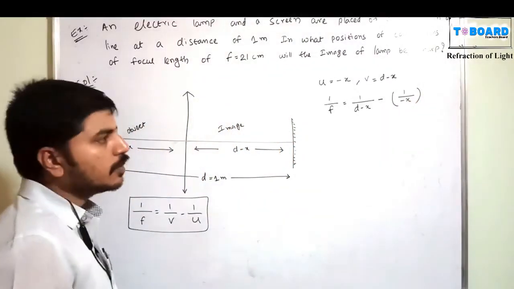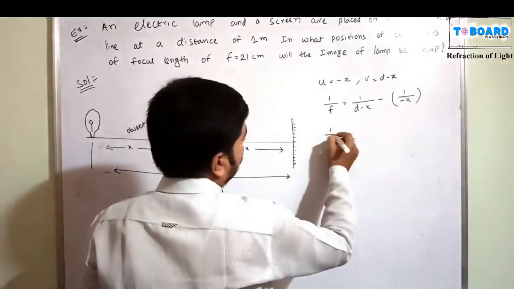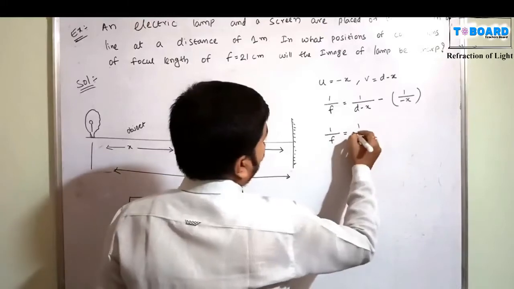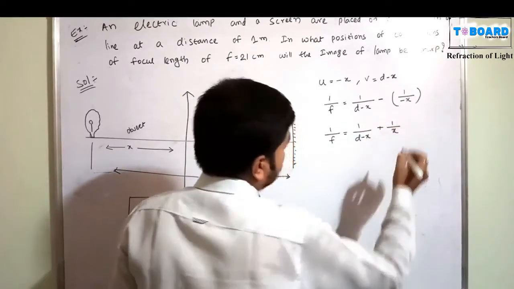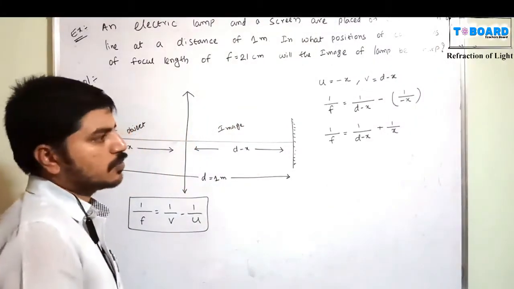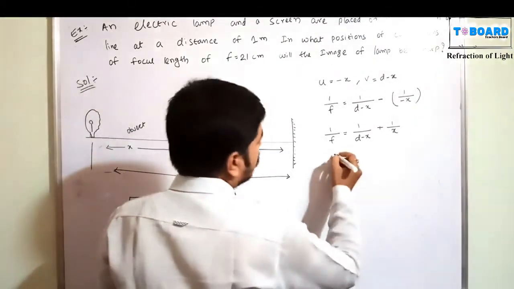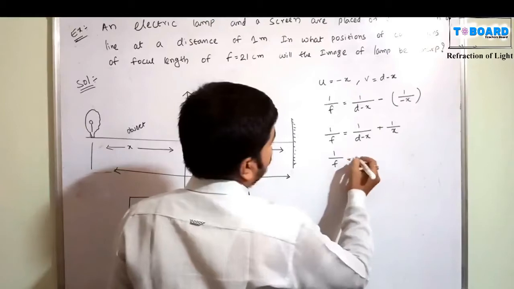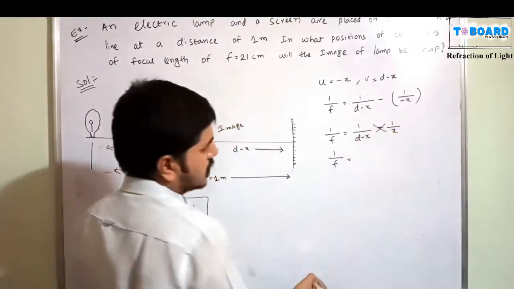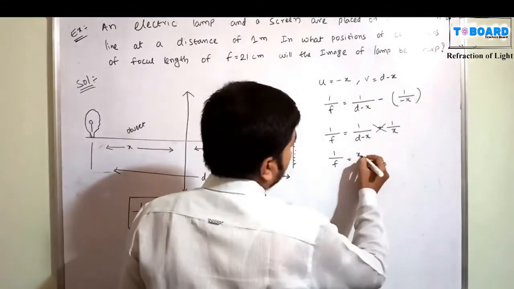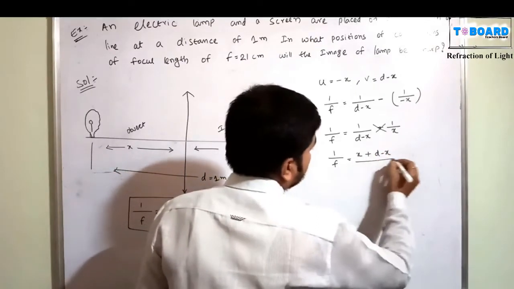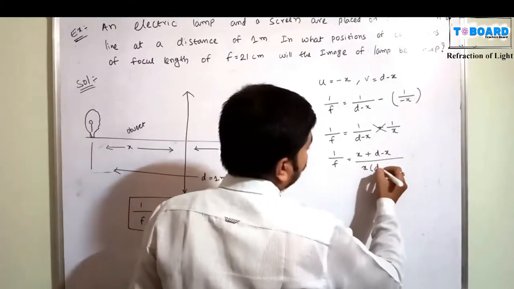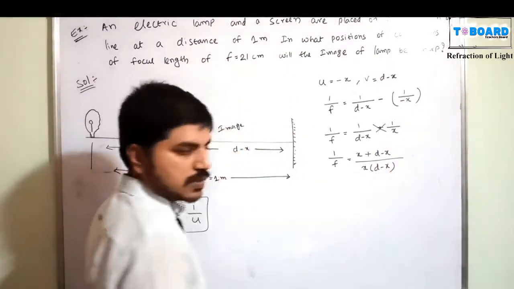Minus and minus make plus, so 1 by f equals 1 by d minus x plus 1 by x. Do you know that is a cross product? Once you observe, 1 by f equals, taking cross multiplication, x into 1 plus 1 into d minus x divided by x into d minus x.